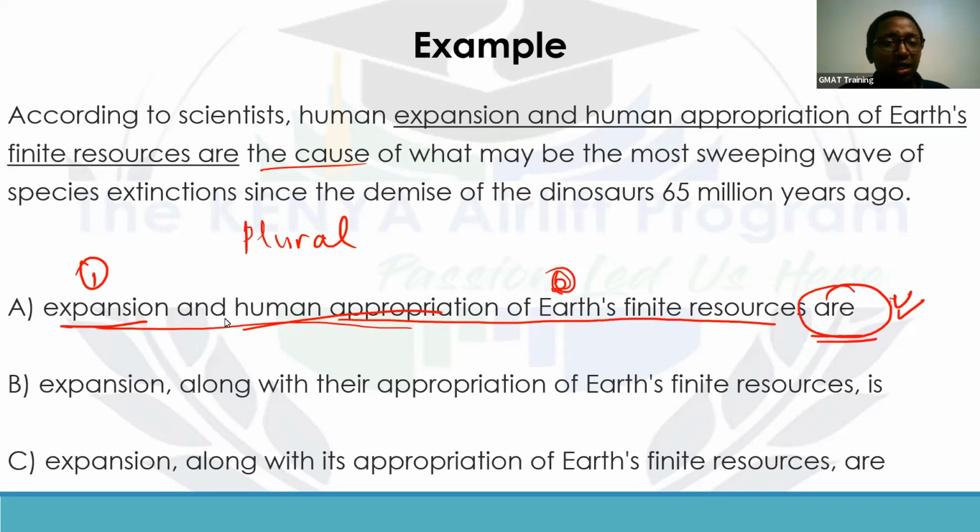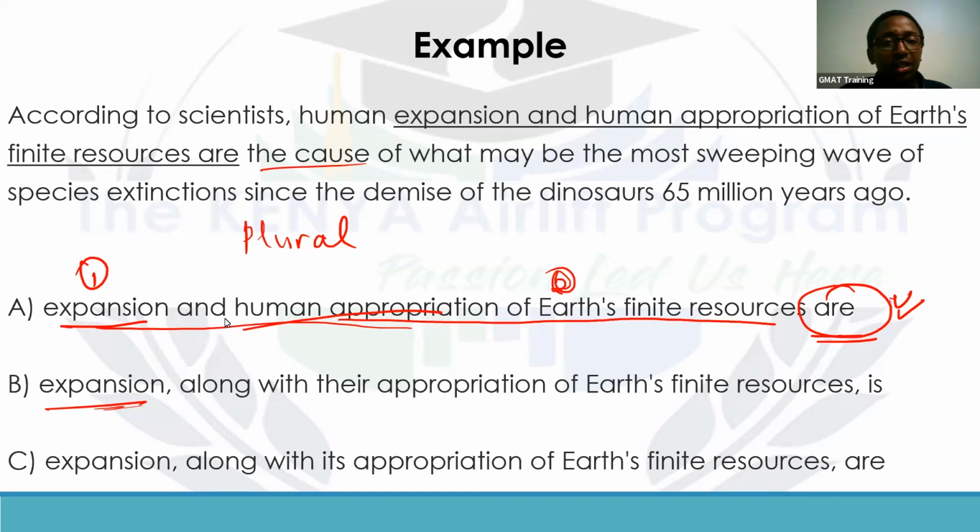Going on to the second option. Human expansion along with the appropriation of the Earth's finite resources. So here now we have a problem because we have two subjects so far.